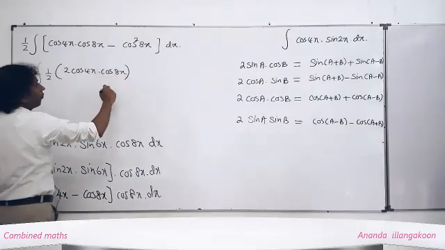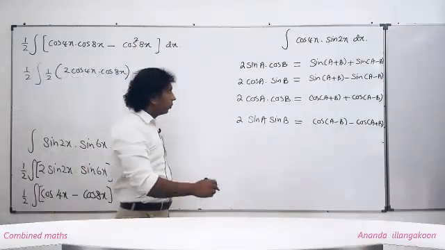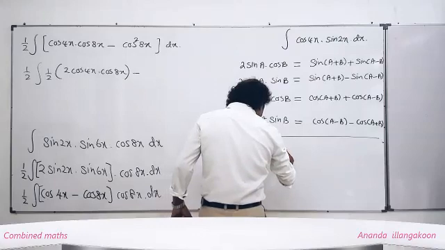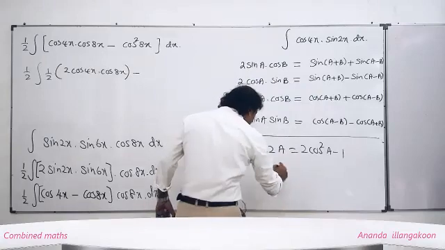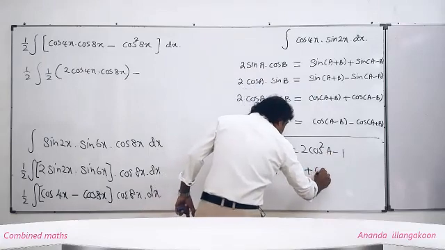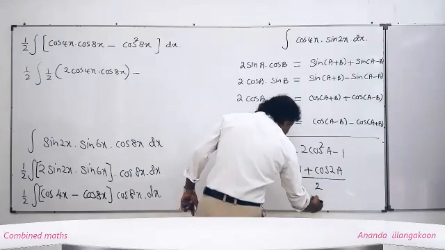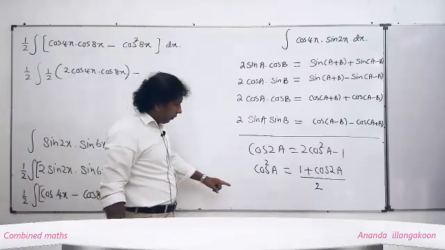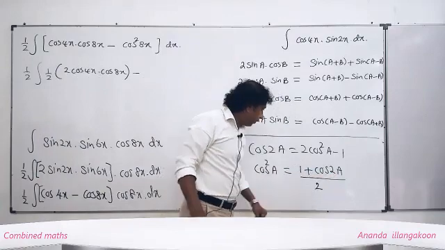And this cos squared 8x, we write, people, we know we have the cos 2a formula. One formula we have is 2 cos squared a minus 1. Then when you substitute cos squared a, taking this side, 1 plus cos 2a divided by 2. Then the relation between the angles left and right is, we multiply the left hand side angle a by 2, we get the right hand side angle.